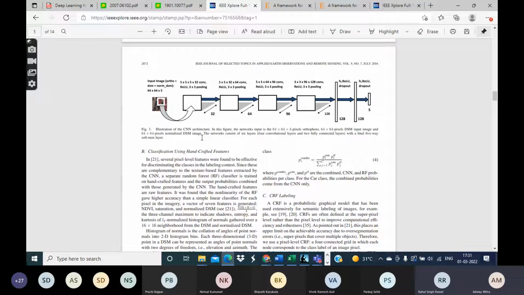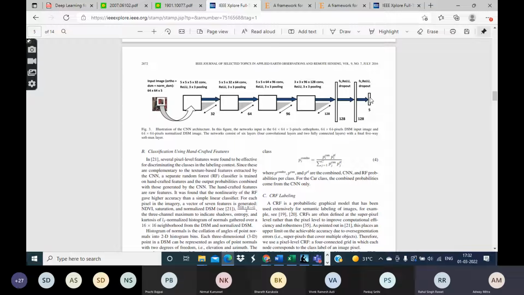That's a particular category of image. The network consists of 6 layers: 4 convolution layers and 2 fully connected layers, the FC layers, with a 5-way softmax layer. So basically each thing is to be classified into 5 possible classes.